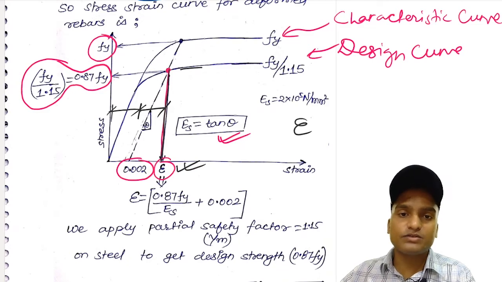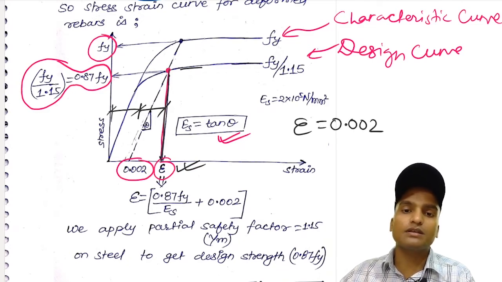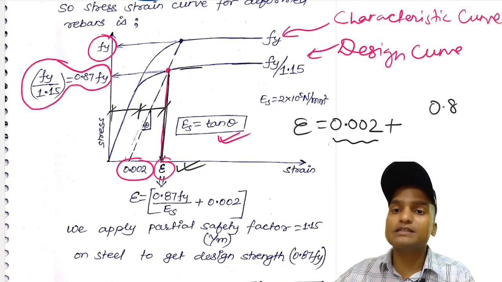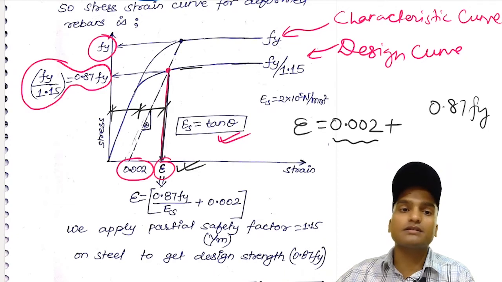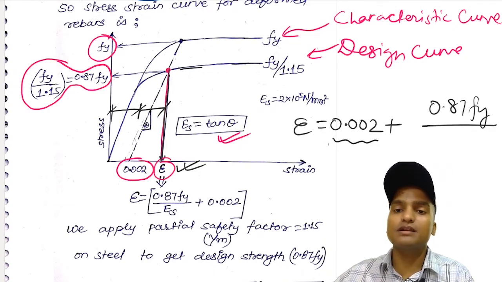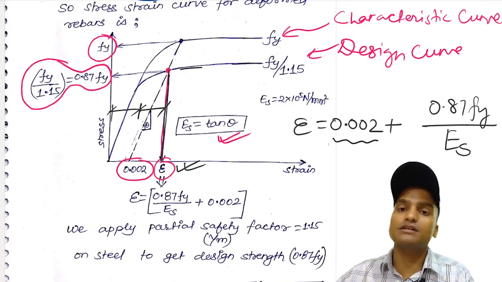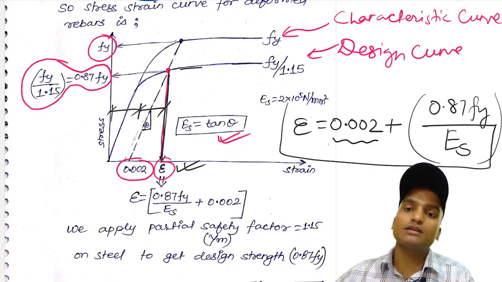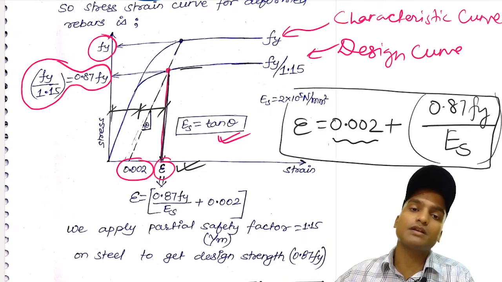So epsilon strain is equal to 0.002, this is the proof strain, plus 0.87 Fy, this is the design yield strength of the steel, divided by the modulus of elasticity of steel Es, and if you calculate this value, you can easily get the value of strain.